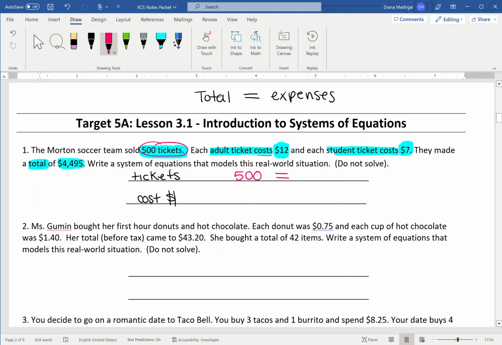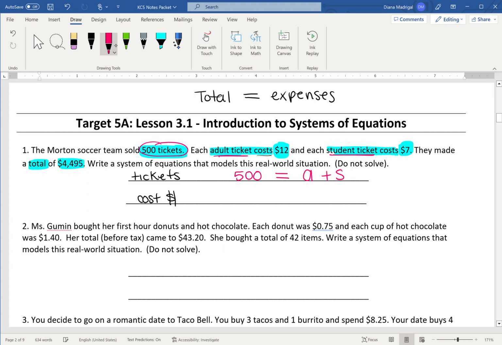On the other side is, well, what tickets are they using? You're going to have 500 tickets based on the adult tickets and the student tickets. Since I don't know how many student and adult tickets, that will be my unknown. So in this case, I'm going to put A plus S.